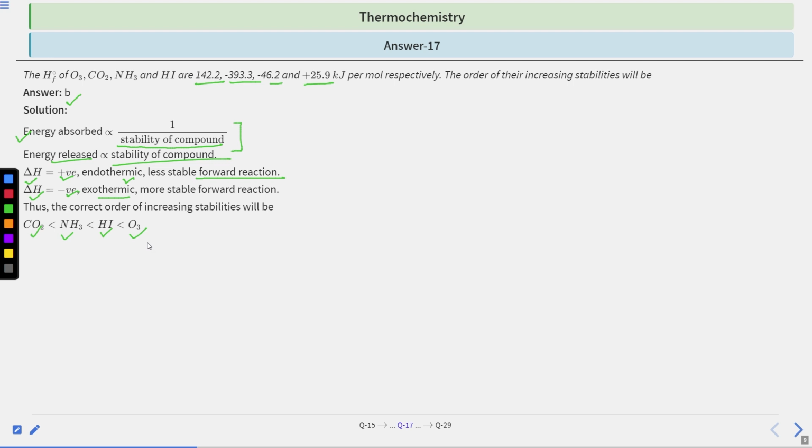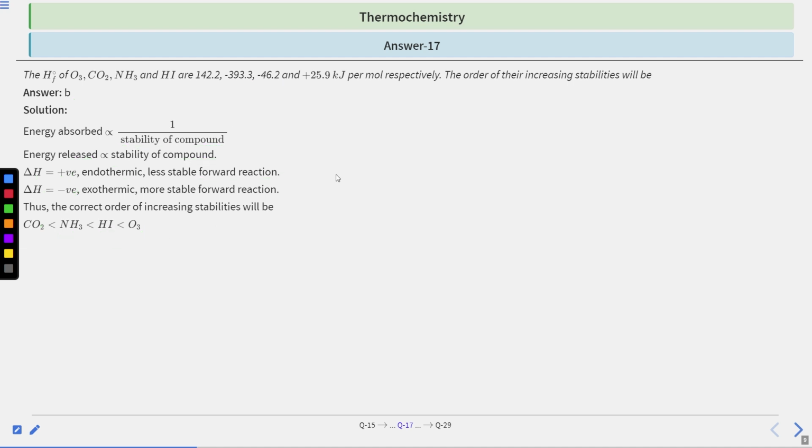Energy absorbed is inversely proportional to the stability of the compound, and energy released is directly proportional to the stability of the compound. So we have the order: CO2 less than NH3, less than HI, less than O3. Okay, so this is the order.